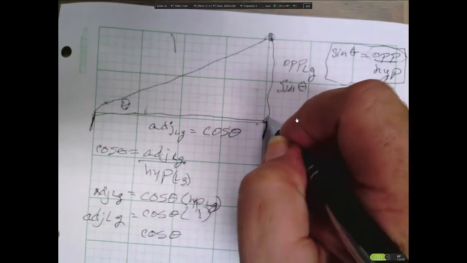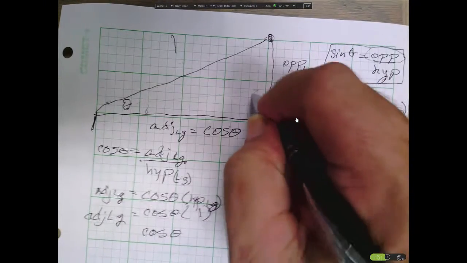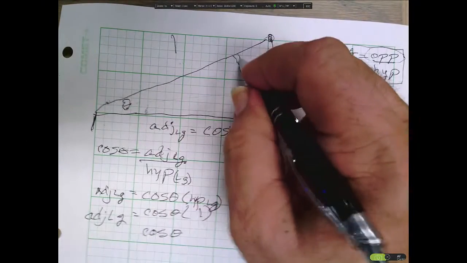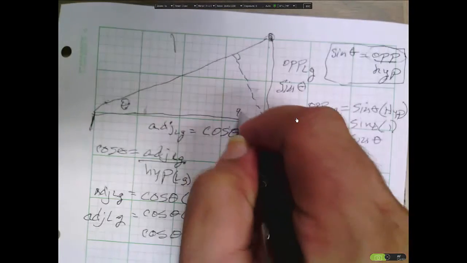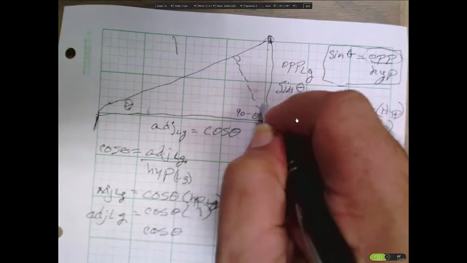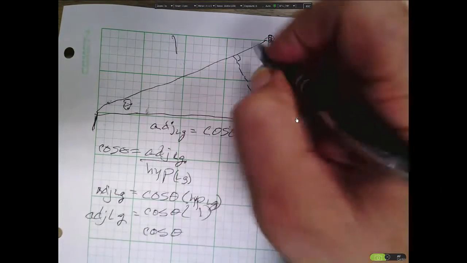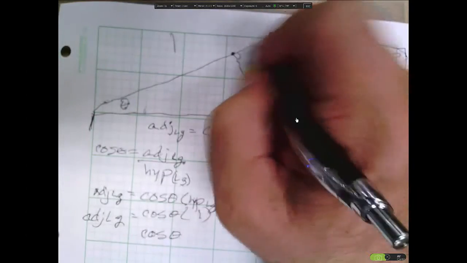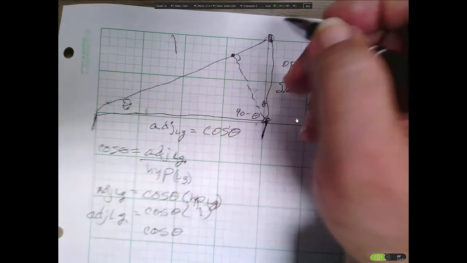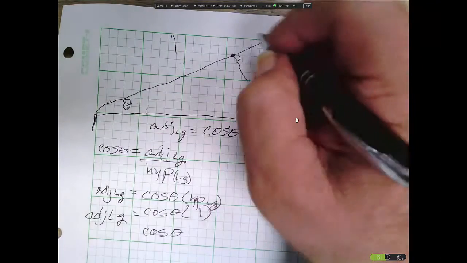So if we treat this as the base of this triangle, an altitude to it would simply be this line segment here at a right angle, and this being theta, this would be 90 minus theta, and this would be theta. If we wanted to put a symbol over here for this, there's no symbol so far, so we could invent a symbol.